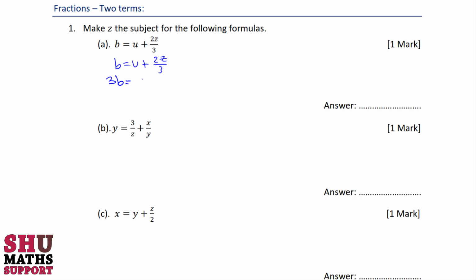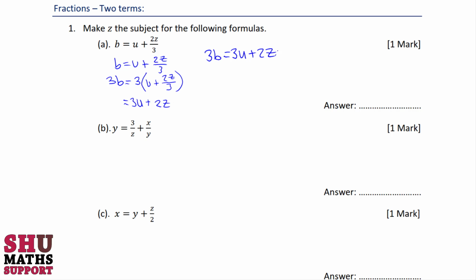And if we times the right hand side by 3, then we would end up with 3 times u plus 2z over 3, which if we was to expand that, we would have 3u plus 3 times 2z over 3, which is obviously just 2z. So we would end up with 3b is equal to 3u plus 2z.